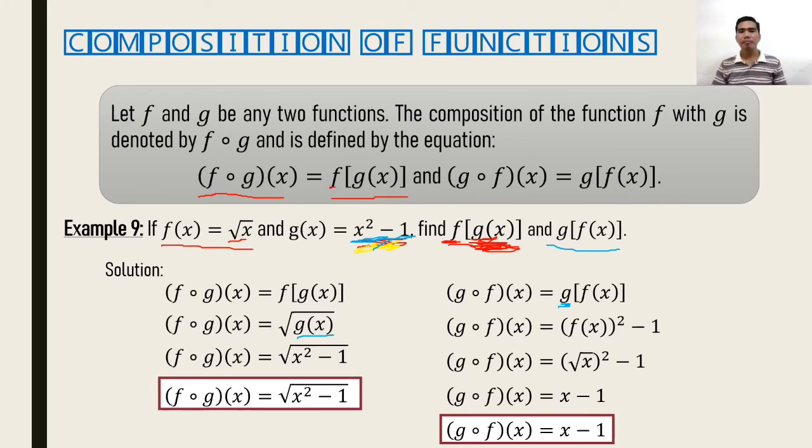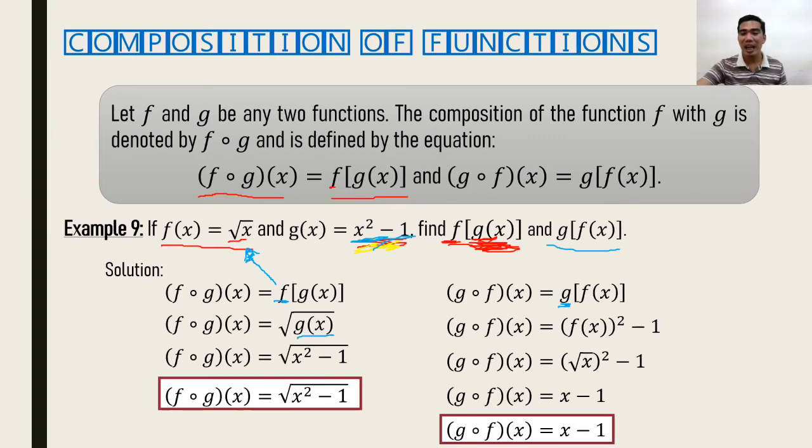Okay? So, always remember, I will give you a shortcut. We just look at which variable comes first. Like in this example, since f came first, we will use the function of f. That is why it becomes square root of g of x.